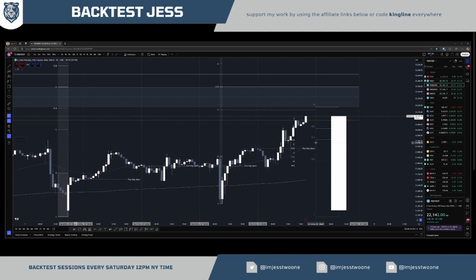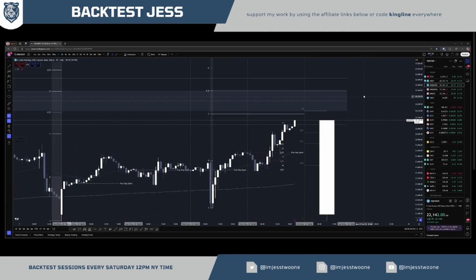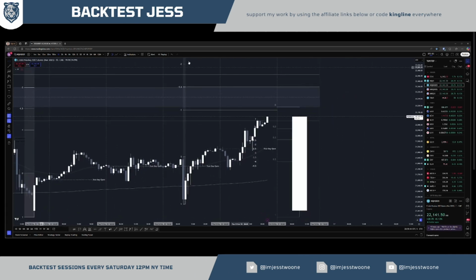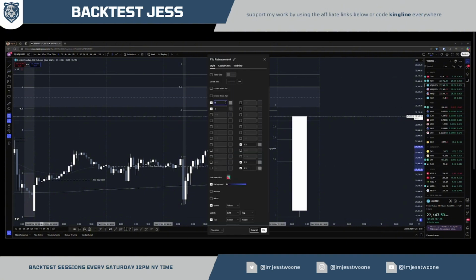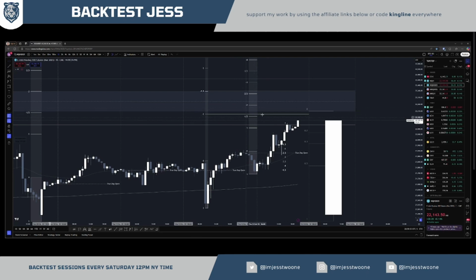Manipulation under true day open, expansion up. We can probably get a deviation in this one as well. It's 1.5 around that area too.